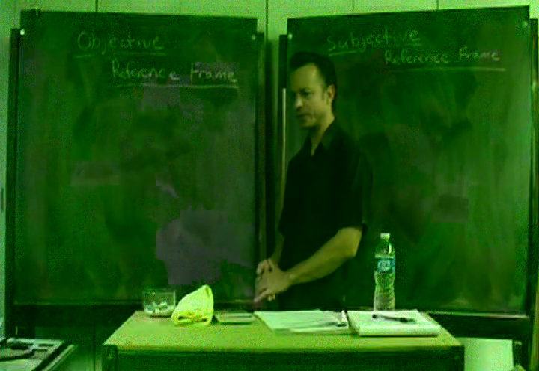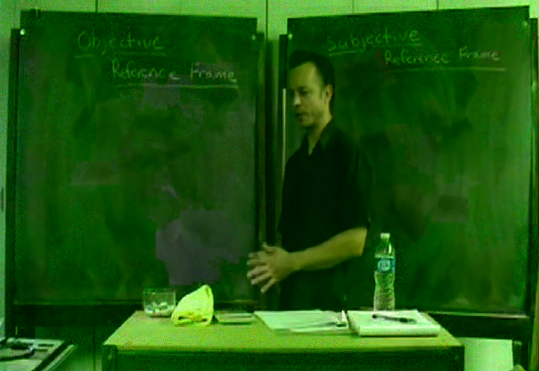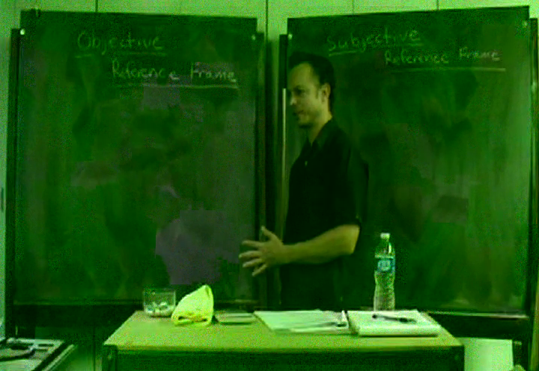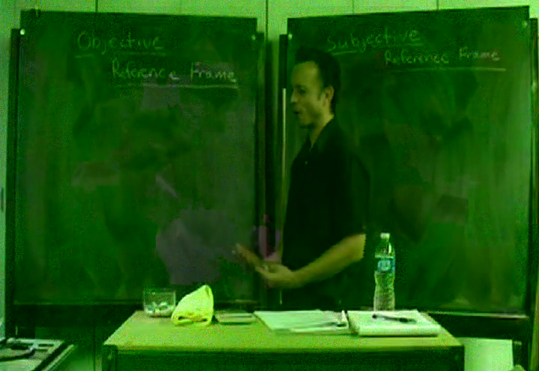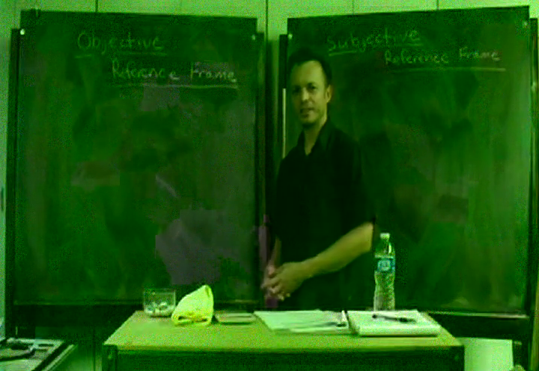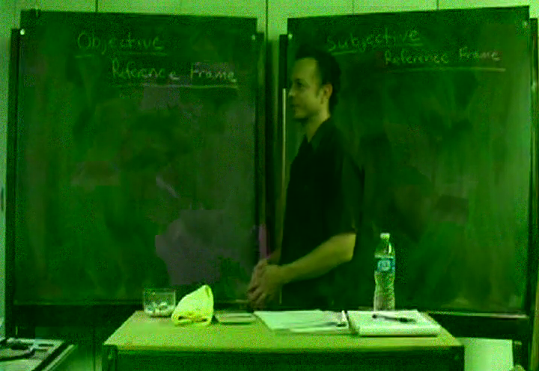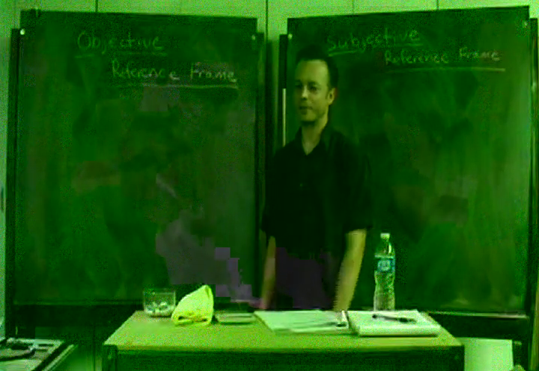Like, for instance, sort of as more of a Platonic or Platonist view of eternal forms, maybe the eternal form of an object is its subjective frame of reference. And then how that eternal form comes into manifestation is its objective frame of reference.